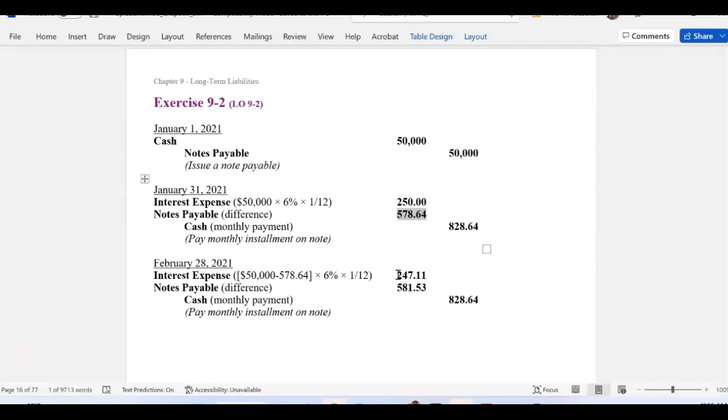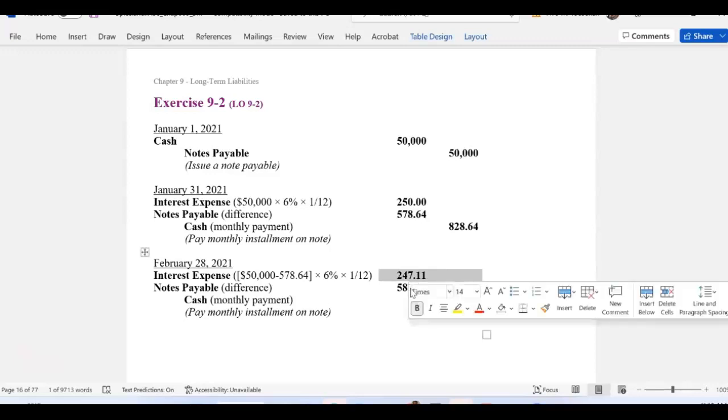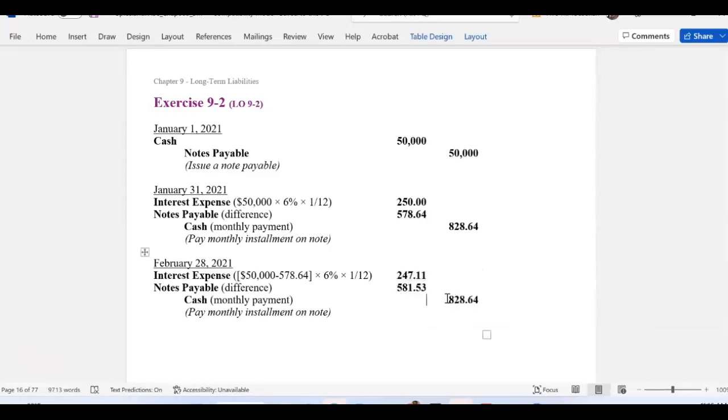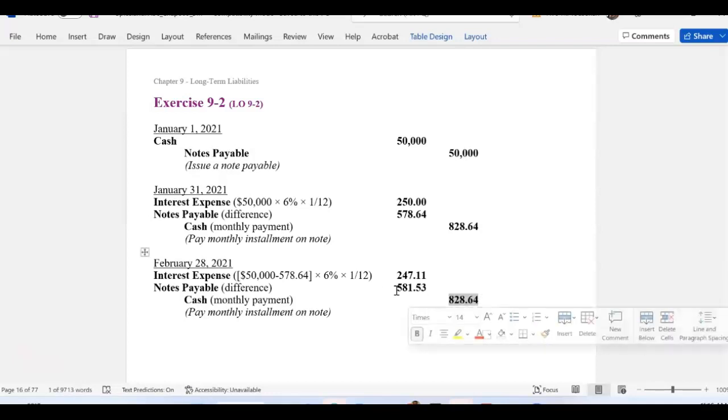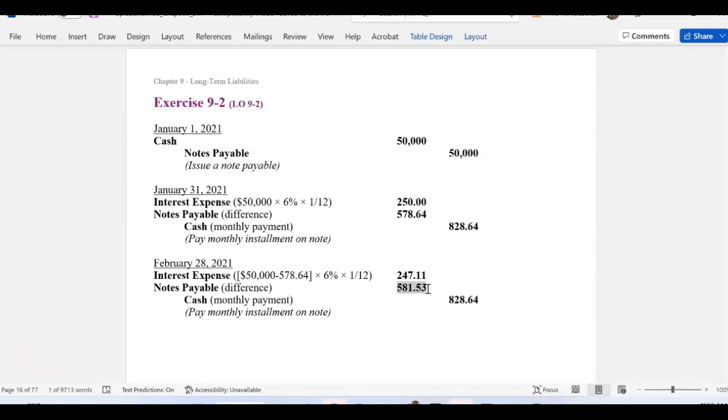This time the interest expense will be smaller and the payment is the same, $828. Therefore, the note payable reduction on the principal will be a little bit higher. So with each payment, your principal reduction will be higher and your interest expense will be lower as you go forward.